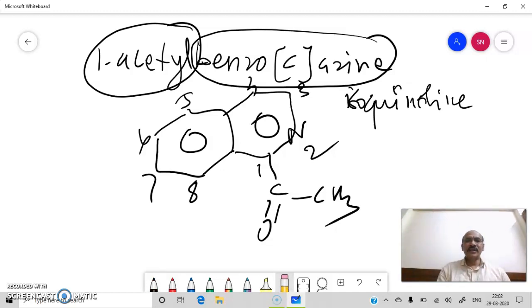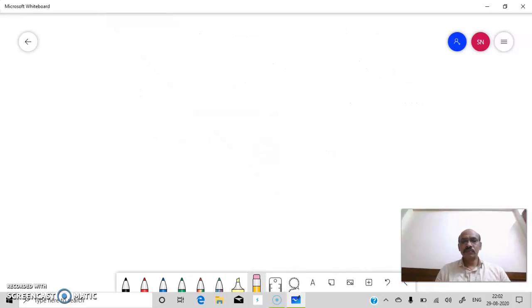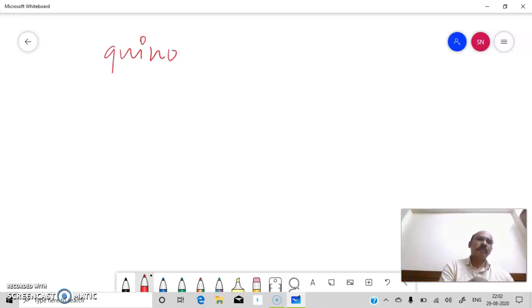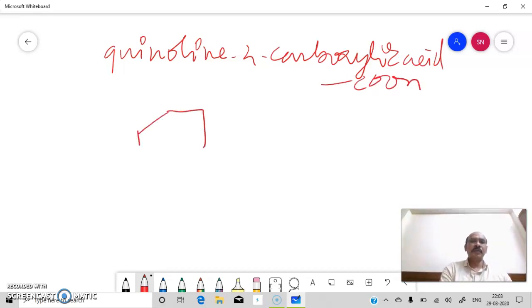We will move to another example. Quinoline 4-carboxylic acid. So carboxylic acid, that you know, is COOH. Quinoline means what? It is benzo B azine.